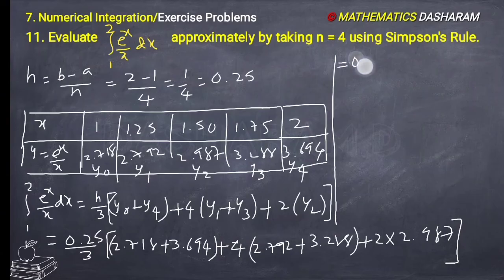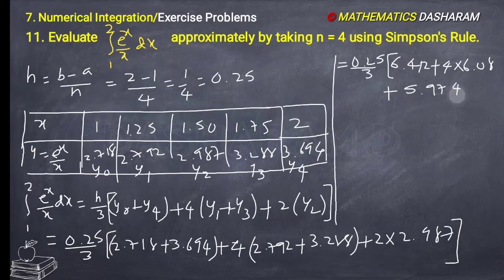So now let's simplify. 0.25 divided by 3 bracket of, here addition of these two numbers is 6.412 plus 4 into addition of these two is 6.08 plus 2 into 2.987 is 5.974.